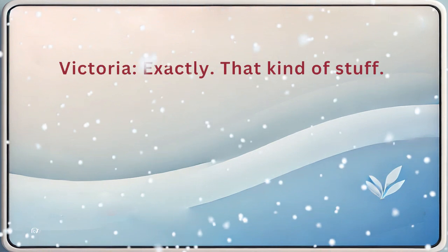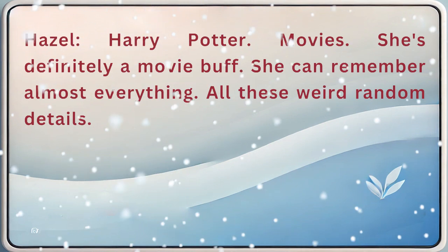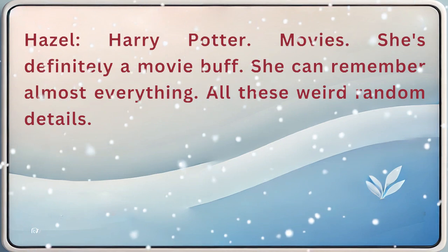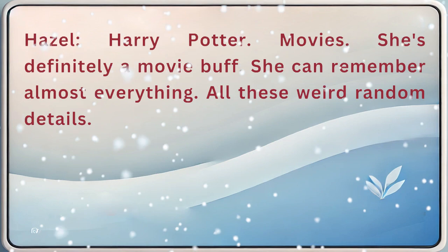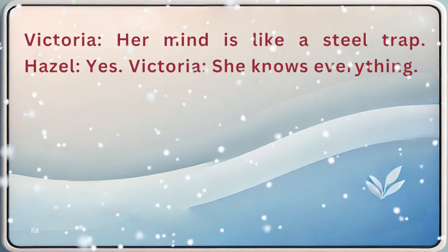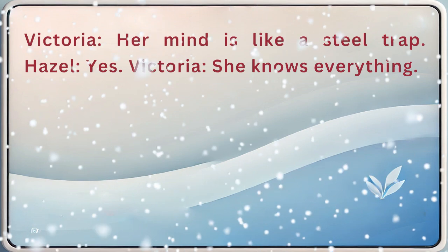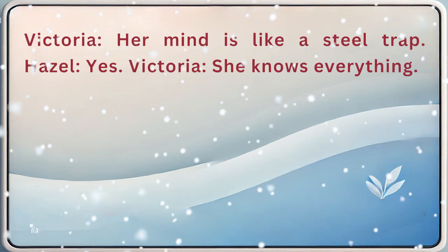That kind of stuff. Hazel: Movies. She's definitely a movie buff. She can remember almost everything, all these weird random details. Victoria: Her mind is like a steel trap. Hazel: Yes. Victoria: She knows everything.